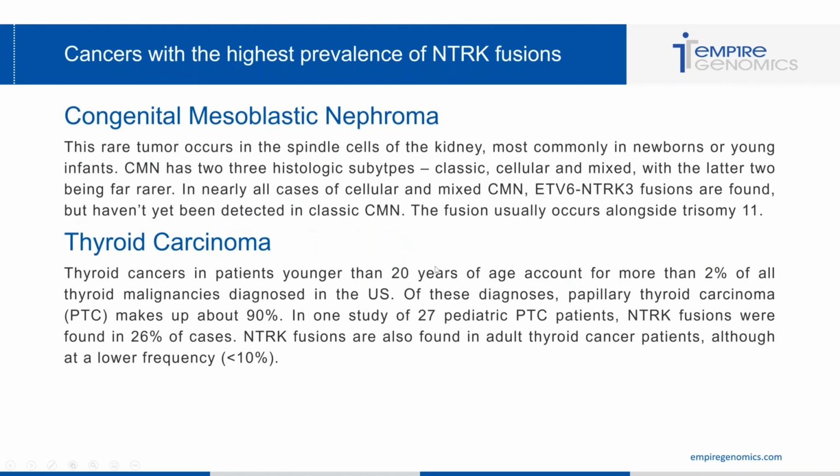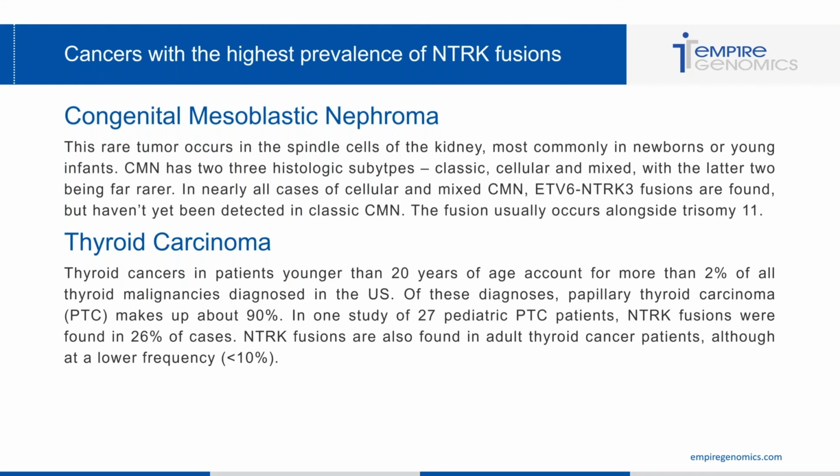Thyroid carcinoma. Thyroid cancers in patients younger than 20 years of age account for more than 2% of all thyroid malignancies diagnosed in the US. Of these diagnoses, papillary thyroid carcinoma makes up about 90% of those cases. And in one study of 27 pediatric PTC, or papillary thyroid carcinoma, patients, NTRK fusions were found in 26% of the cases.